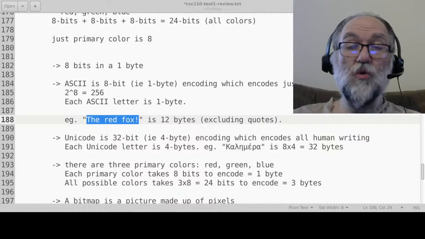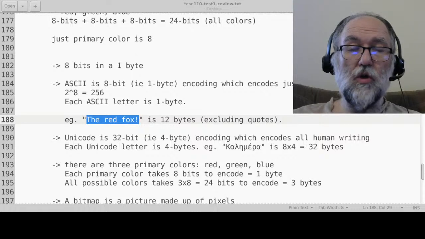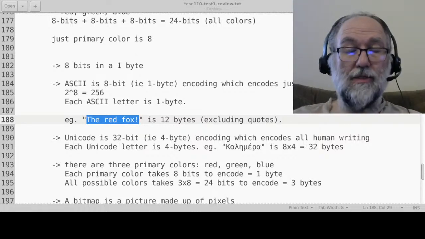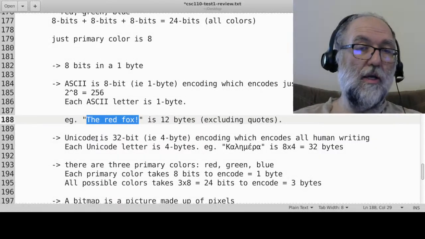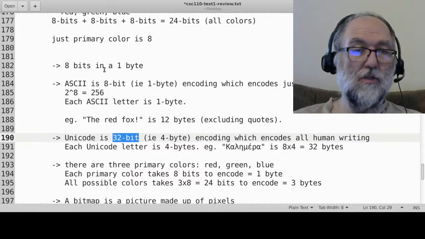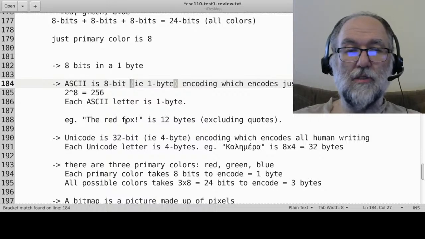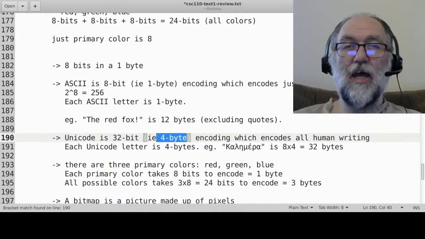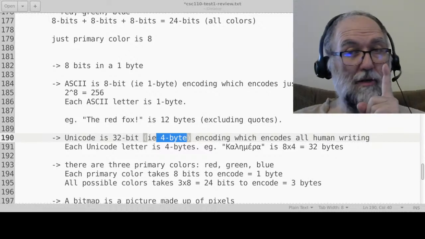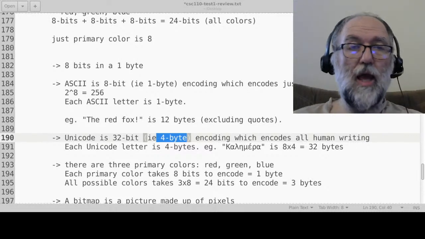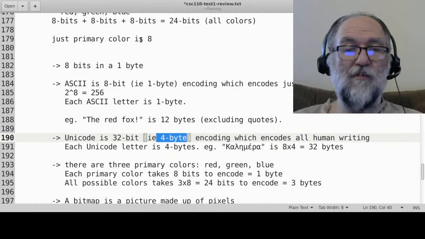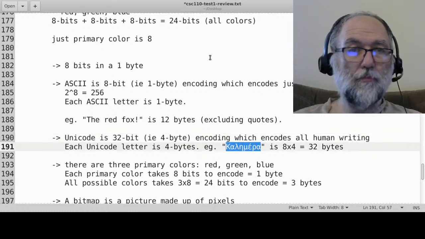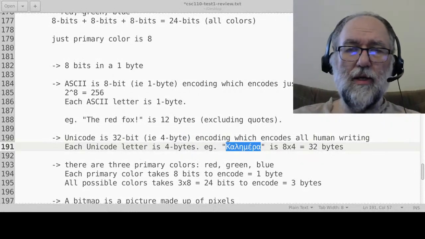The next one I showed you was Unicode, and Unicode covers all human writing systems. That's huge, and because it's huge, it's actually 32 bits. So it's 4 times bigger than 8 bits. It's 32 bits or 4 bytes. That means each letter is 4 bytes, not 1 byte as in ASCII. It's any alphabet. Here I chose Greek, just to choose a different alphabet.